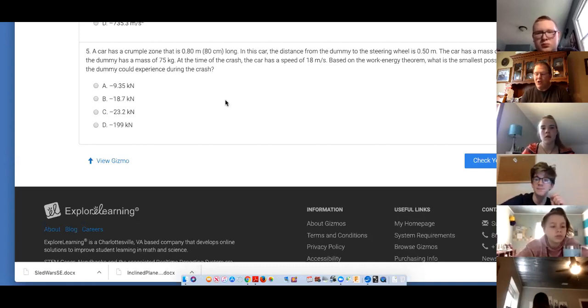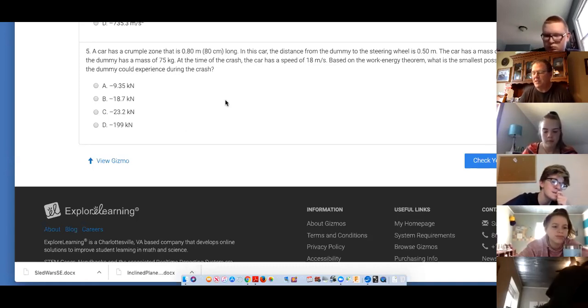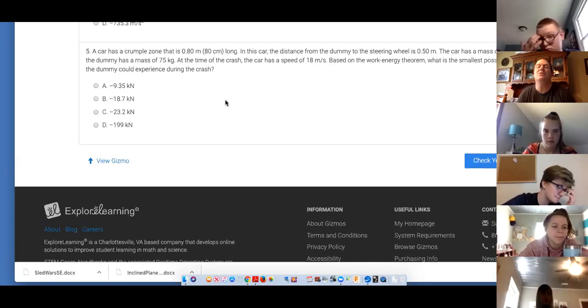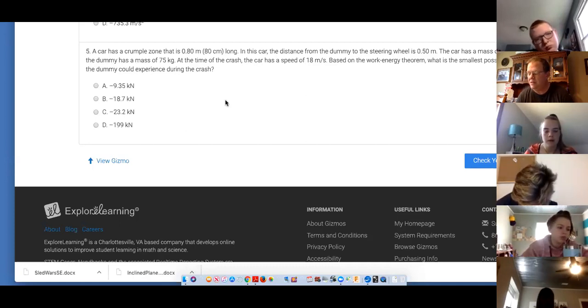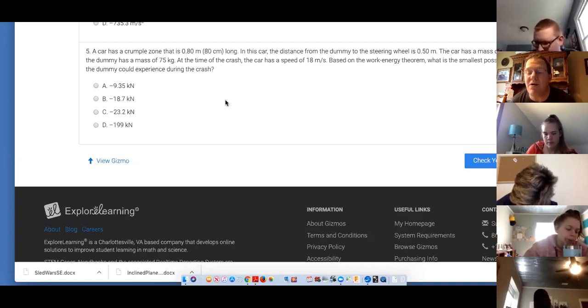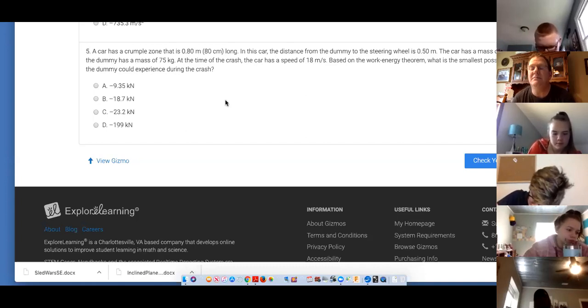So push clear on your calculator, so we start over from blank. The formula for kinetic energy is 1/2 mv squared. Take its velocity, 18 meters per second, and square it. 18 times 18 is 324.